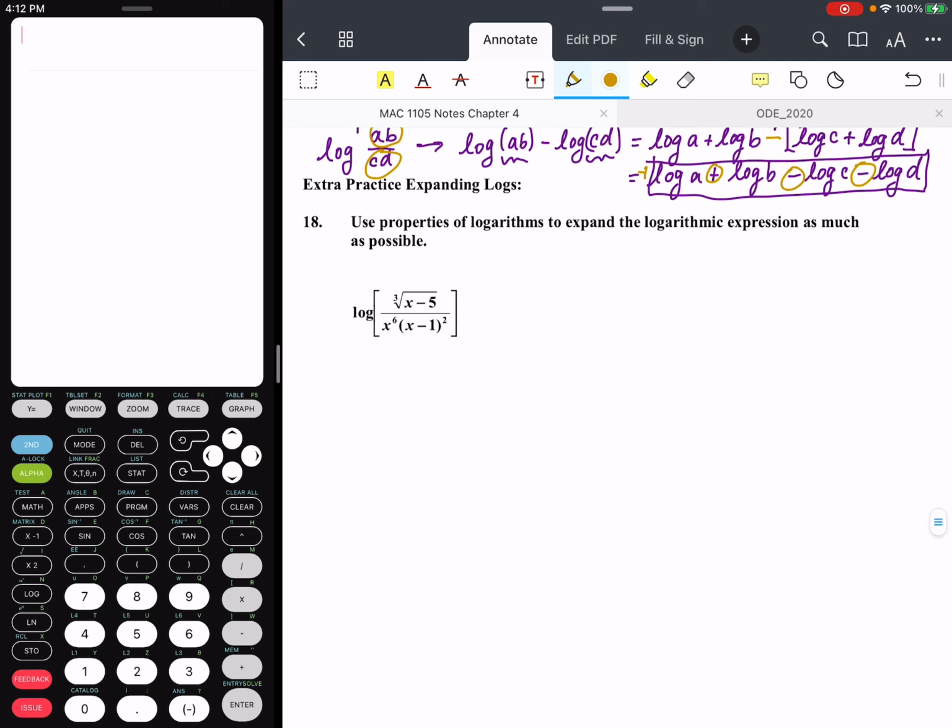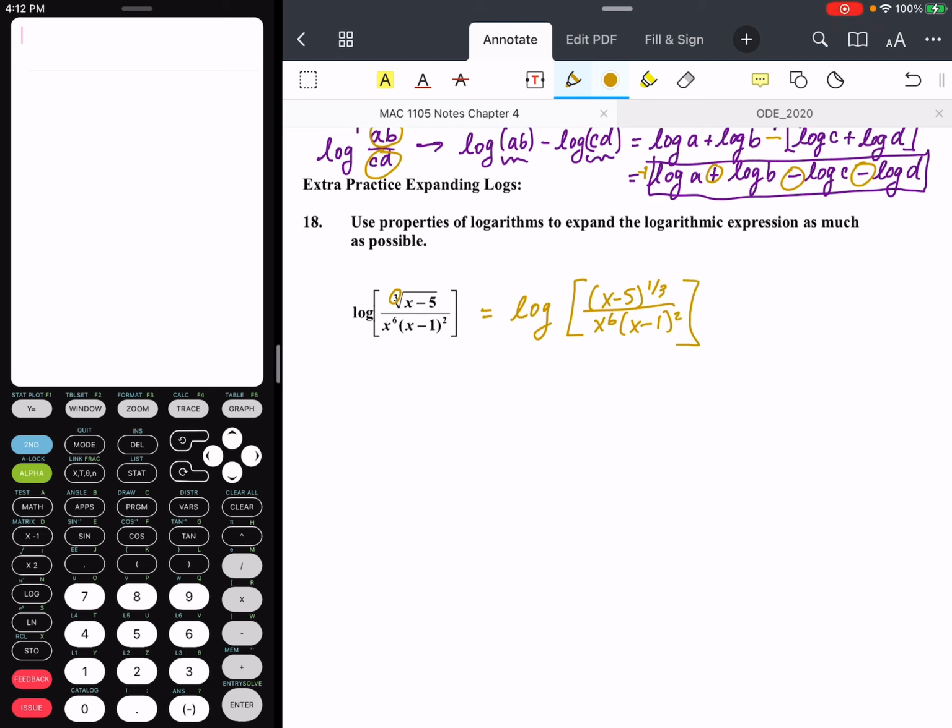So this is a real doozy. First of all, I would rewrite this as x minus 5 to the power 1/3, because we like to have exponents rather than radical notation when we attack these guys. So I'm going to rewrite that numerator as x minus 5 to the power 1/3. And in the denominator, I'll keep the x to the 6th, x minus 1 squared. Okay.